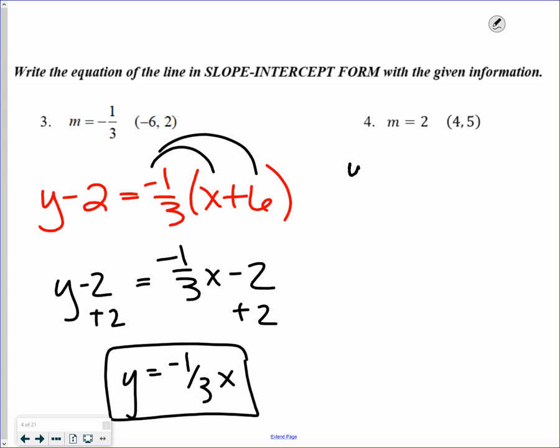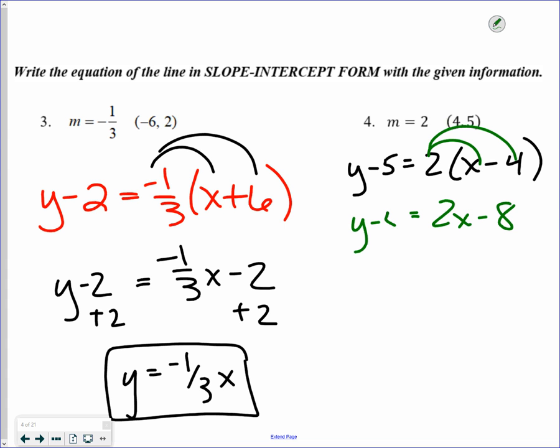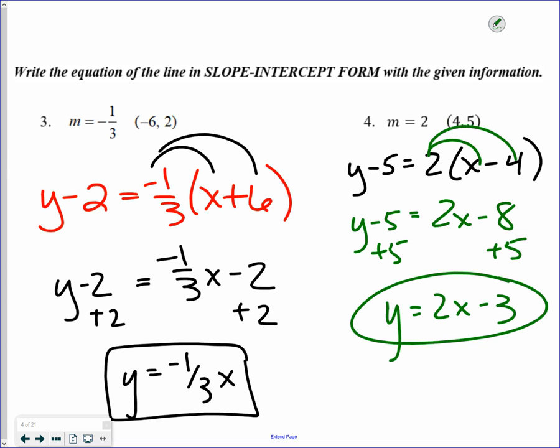Same with the next one, y minus 5 equals slope, x minus 4. Again, using the point slope formula, so you have to have that memorized. Distribute the 2, add 5, and then y would equal 2x minus 3. Again, all the equations that you're going to be writing for this test need to be put into slope-intercept form.